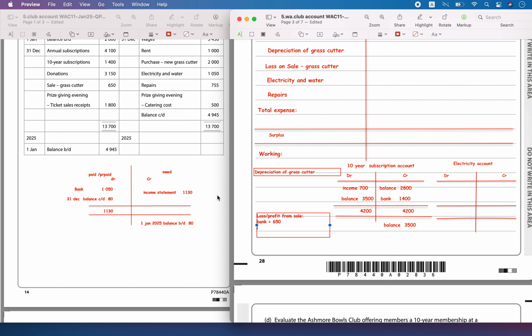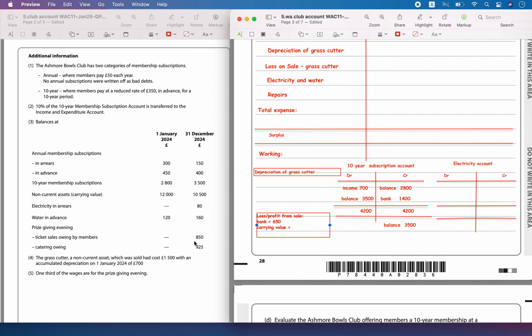Now let's calculate its actual carrying value, to assess whether it is a loss or a profit. The carrying value of the grass cutter will be equal to its cost of 1,500 minus its total accumulated depreciation of 700, so it had a carrying value of 800.